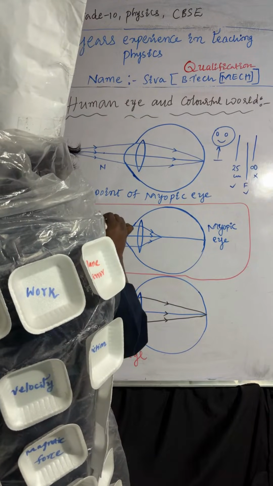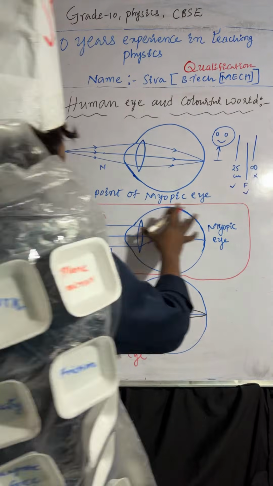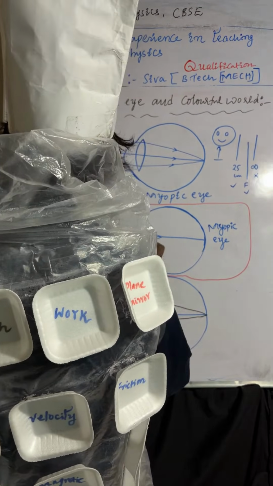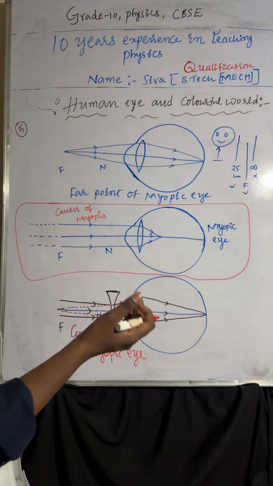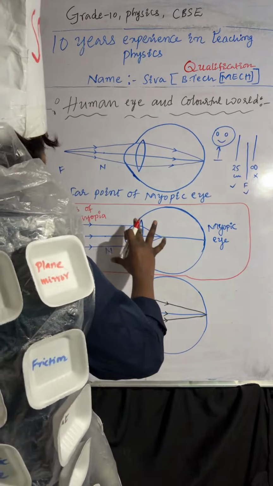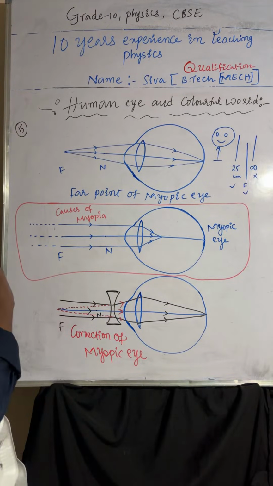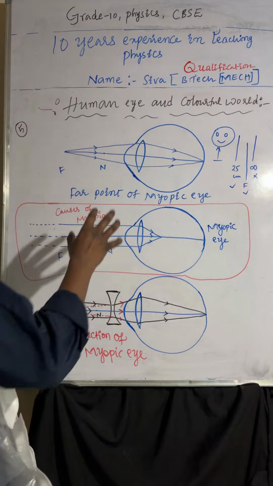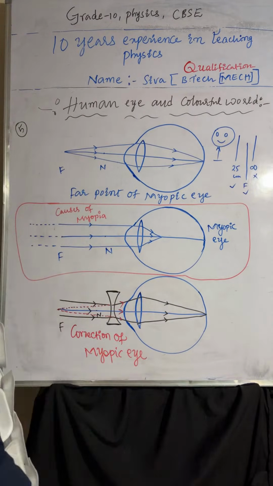Eyeball is too long, focal length is small, or excessive curvature of the eye lens. Because of excessive curvature, whenever light rays fall on it, it converges and they fall in front of the retina. I hope it is very clear. So this is about far point of myopic eye and correction of myopia.